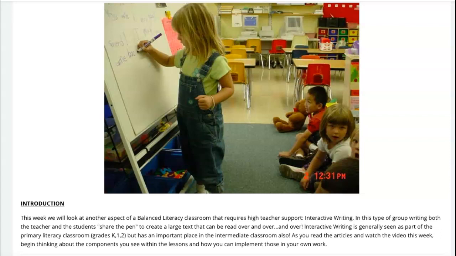This is when the teacher makes teaching points to help students attend to features of letters and words, to invite a child to come up to the easel to contribute a letter, word, or part of a word, or even punctuation.